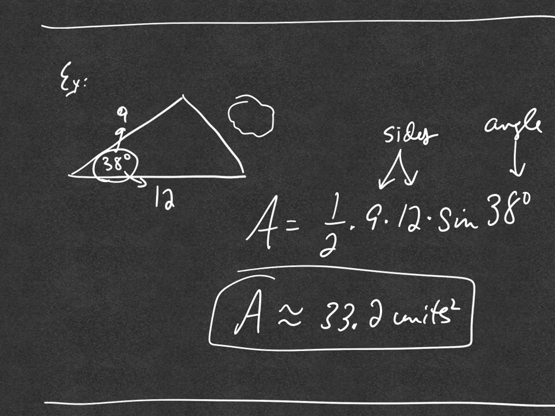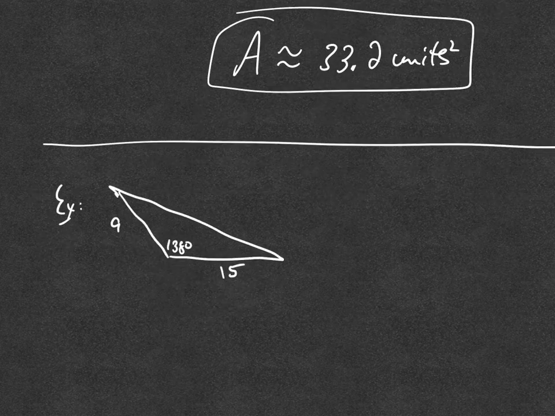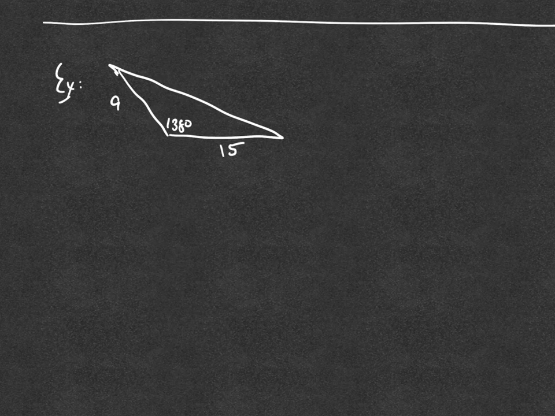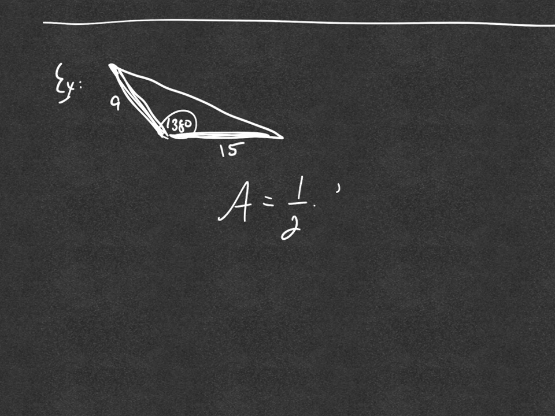Let me just jog through one more example, so you have two for your notebook. Okay, here's another triangle. Again, I'm telling you two sides and the angle in between. Please notice where the angle is, and then I tell you the two sides that make up the angle. So the area of that triangle is going to be 1/2 times the first side times the second side multiplied by the sine of the angle in between.